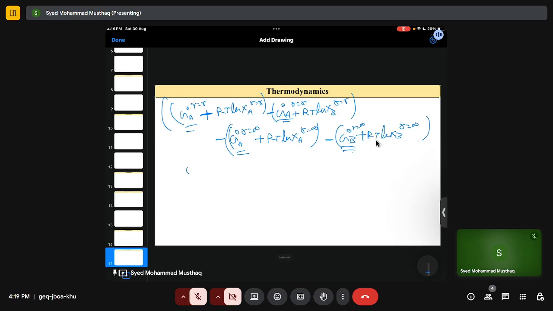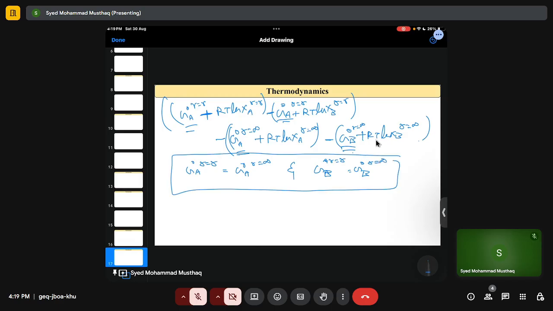So I can write G naught A at R equals R and G naught B at R equals infinite as the same, so I can take out these two guys, right?